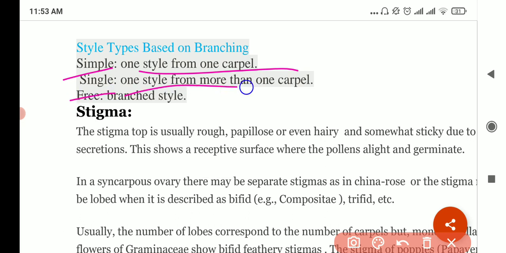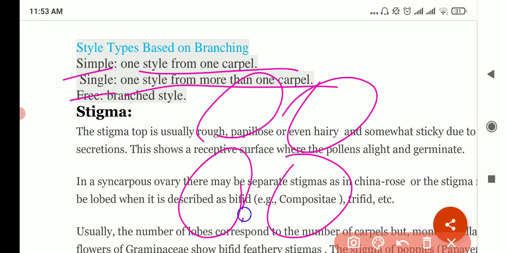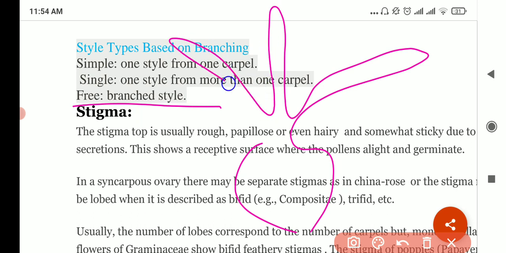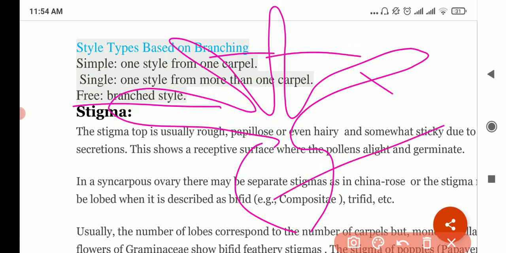Single, one style from more than one carpel. Okay, let's say like we saw in Labiatae, there were 4 carpels, but only one style in between. Okay, and the free, the styles are branched. Okay, let's say like this. The styles are so many. Okay, it has a branch. This is the ovary, and these are your styles.